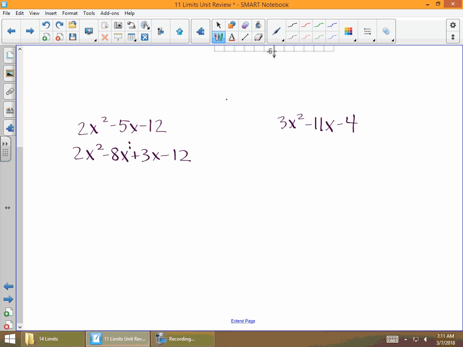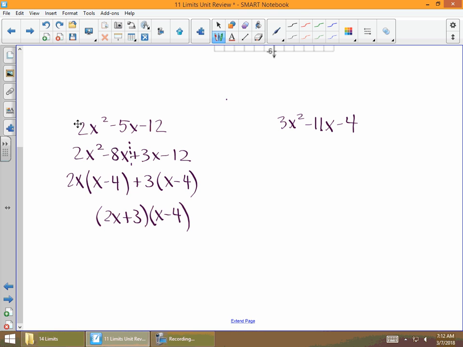If you are still doing slide and divide, please take some time to learn split the middle or guess and check and get good at one of those factoring techniques. Because it's equal all the way through. Negative 5x is the same as negative 8x plus 3x. Factoring out the 2x and the 3 still keeps us equivalent to the step above.